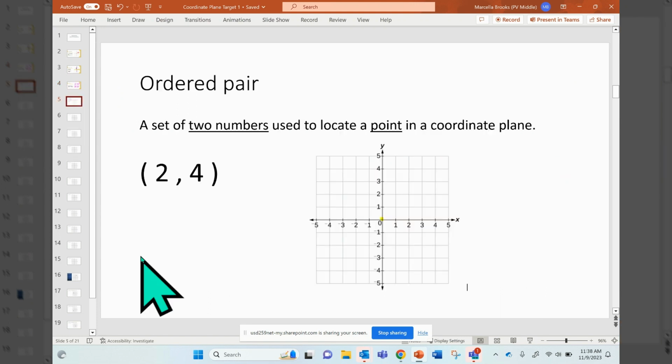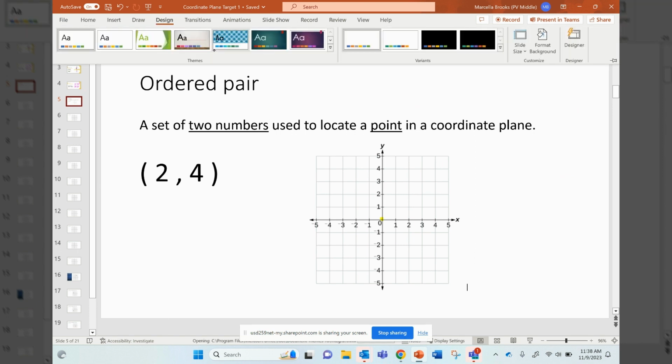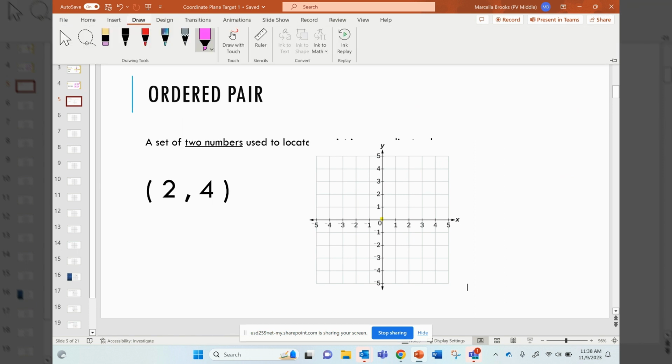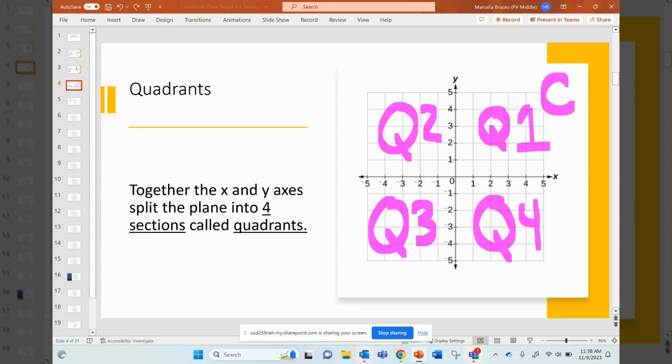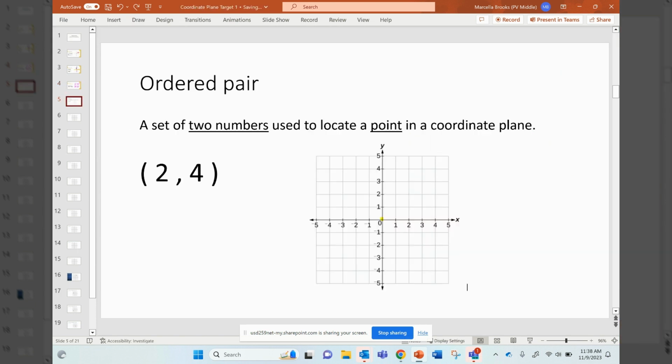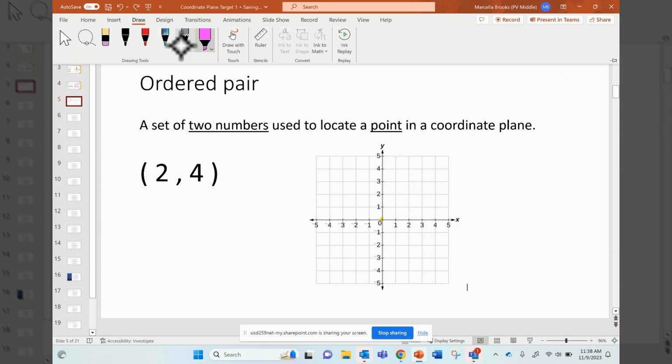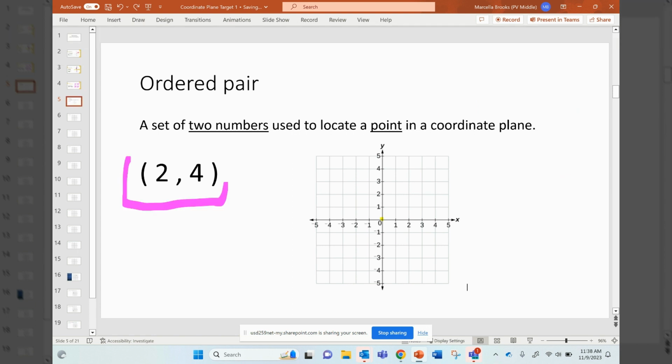So an ordered pair is a set of 2 numbers used to locate a point on the coordinate plane. Right here we have an example of an ordered pair. It has parentheses, 2 numbers, and a comma in between.